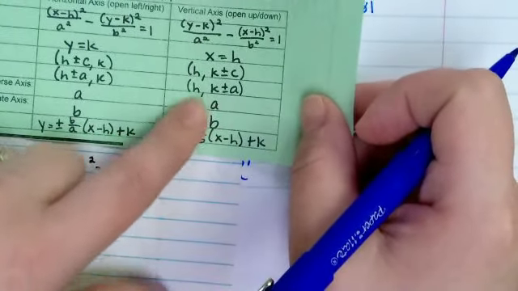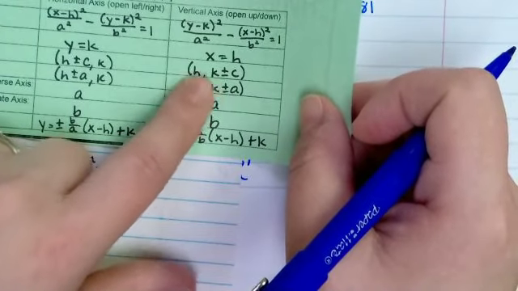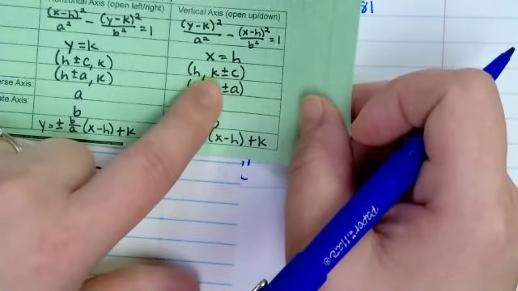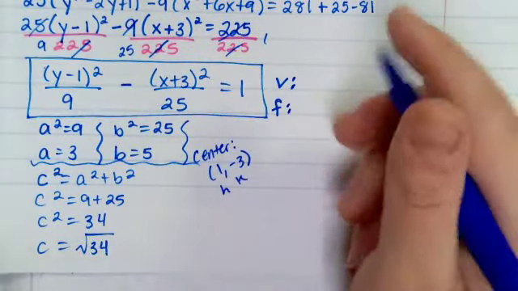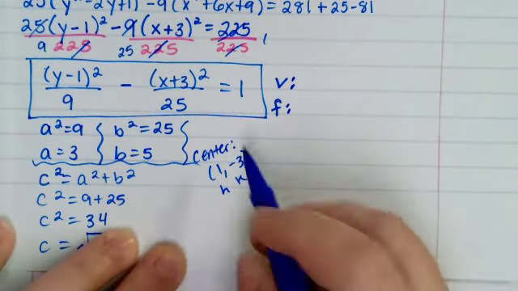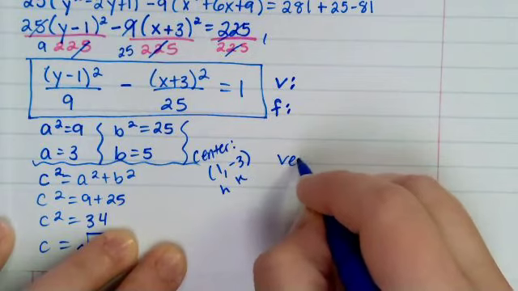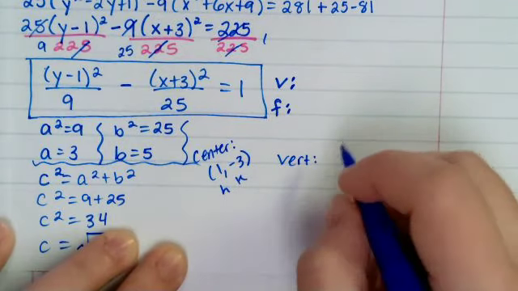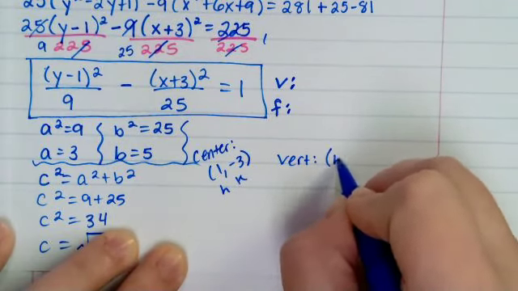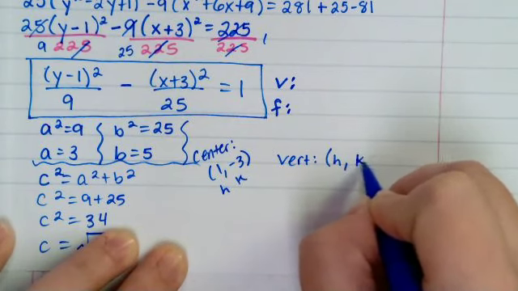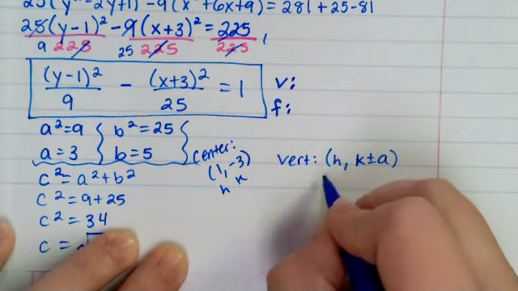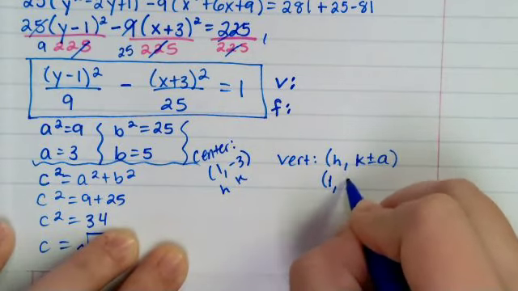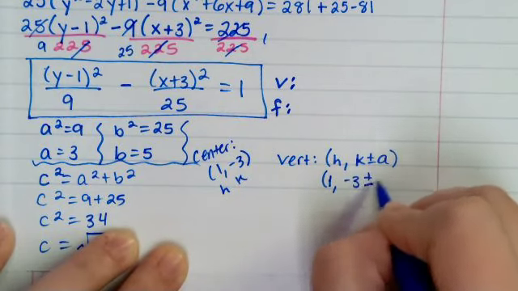Center was not at the origin. And that's the h and then k plus or minus c, or k plus or minus a. That's what we're following. So for my vertices, we're going to say h and then k plus or minus a. Okay. Well, that's going to be 1 and then -3 plus or minus 3.